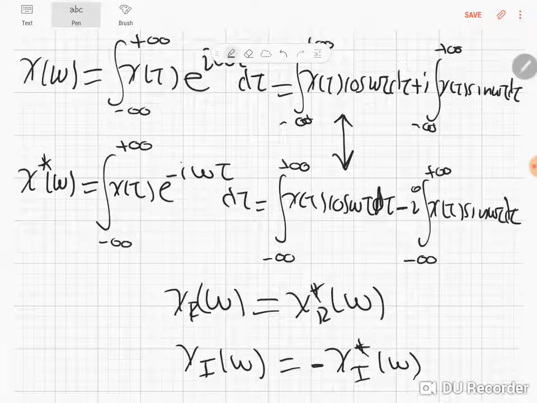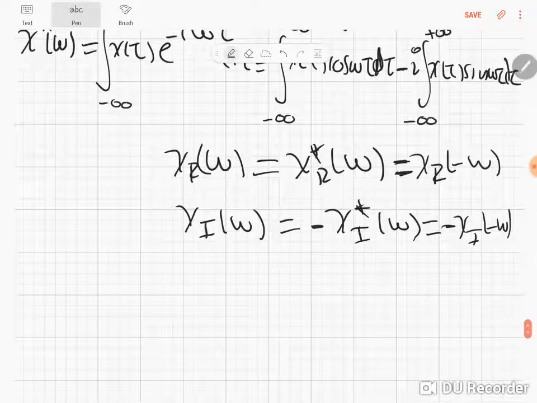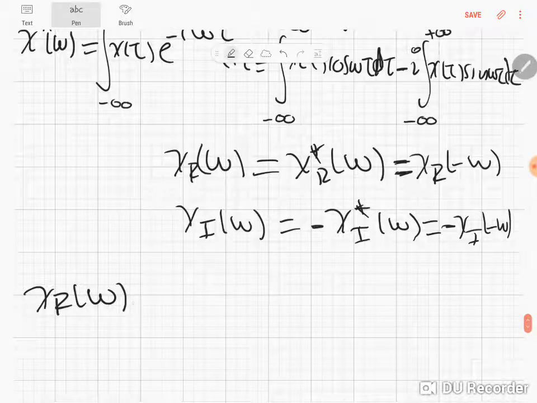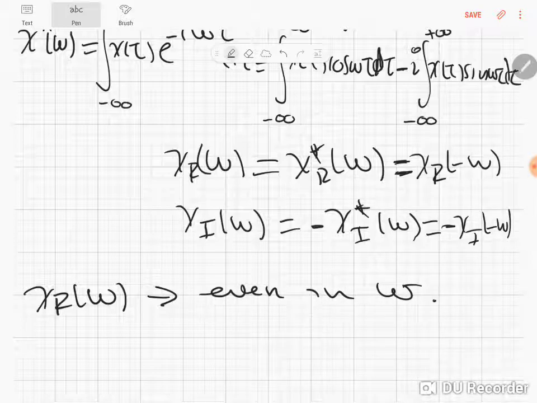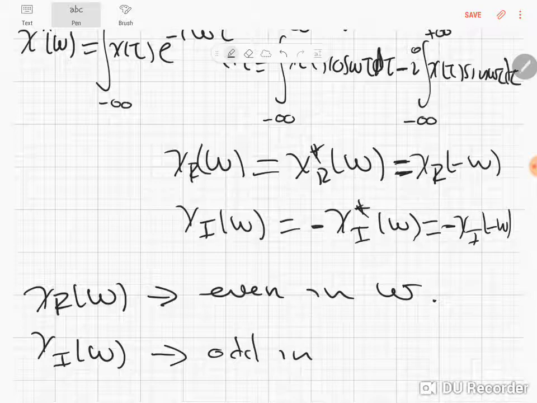So this thing here will be just equal to chi real of minus omega, and this will just be equal to minus chi imaginary of minus omega. So this symmetry tells us that chi real of omega is even in omega, and chi imaginary of omega is odd in omega.